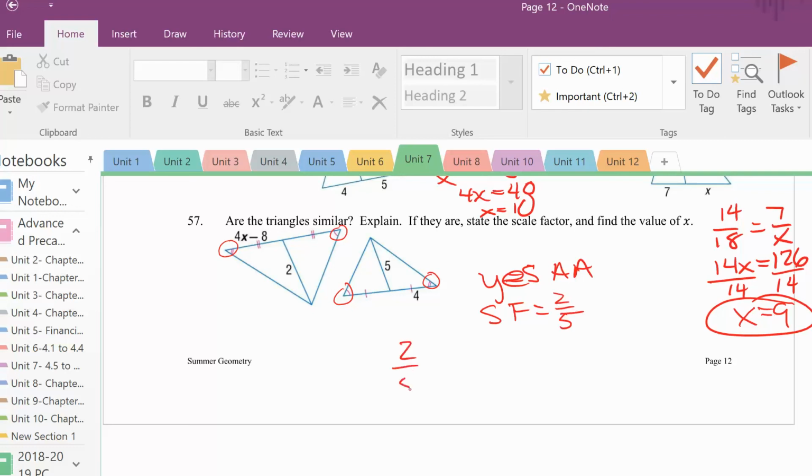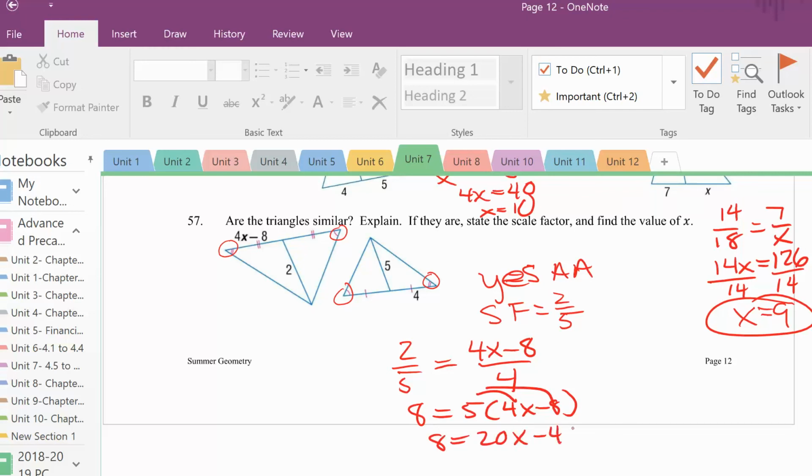So then the scale factor of 2 to 5 is going to equal (4x minus 8) over 4. So cross multiply to get 8 equals 5 times (4x minus 8). Distribute. Add the 40, so you get 48 equals 20x. And then when you divide by 20, you get x equals 2.4.